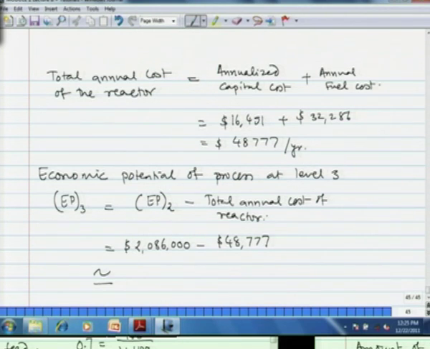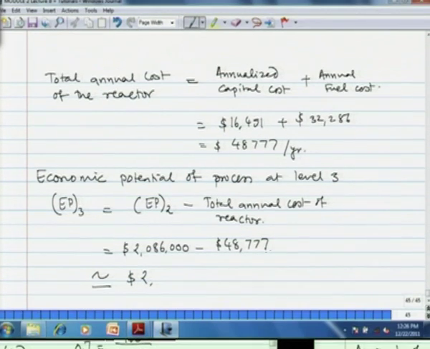By doing all these things, we can get the annual economic potential at level 3. 286 minus 49 gives 237, that is $237,000.